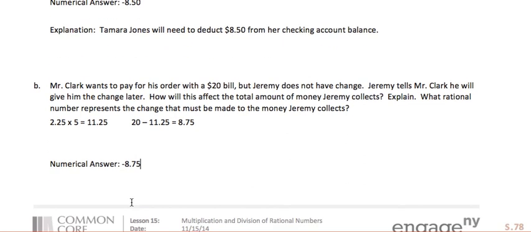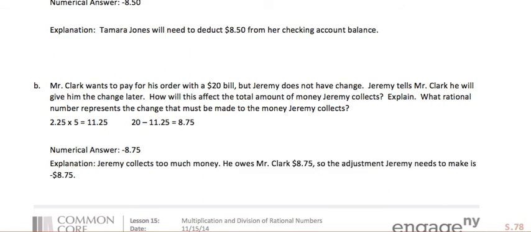Jeremy collected too much money. He owes Mr. Clark $8.75. So the adjustment Jeremy needs to make is $8.75.